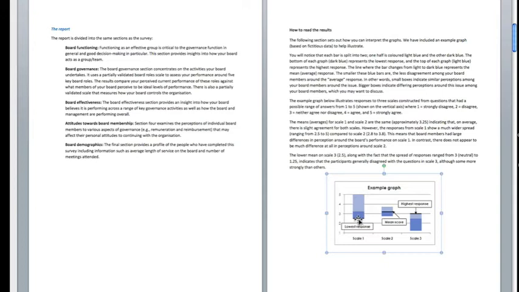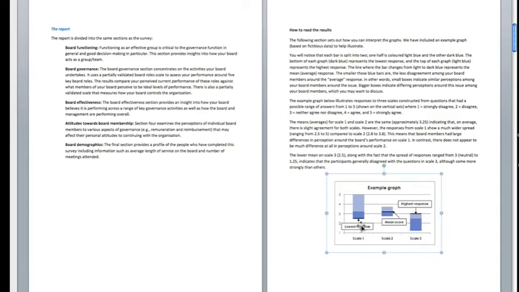You'll notice that there are 3 critical elements to each construct or topic of interest. First, we can see the highest average response of anyone in the group. In this particular one, it's 5. In this particular one, it's about 4.8. In this particular one, the highest response was 3.